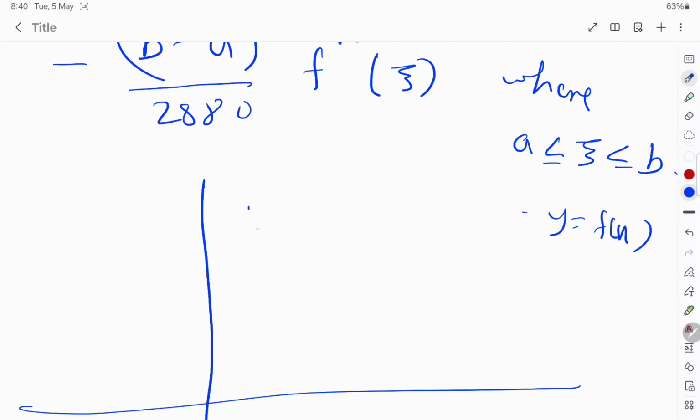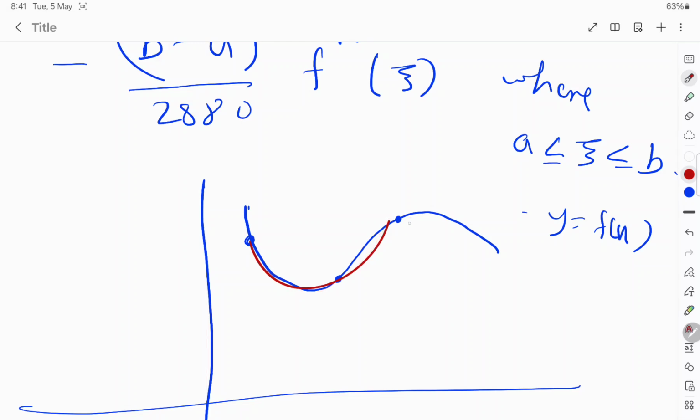According to the book, they consider this type of thing: one point here, one point here, and one point here, at equal distance, and they try to fit a parabola here.